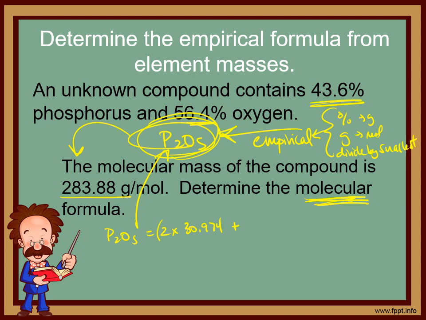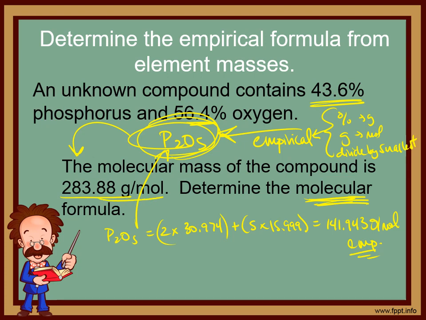We're going to add to that our 5 oxygens, 5 times 15.999. 2 times 30.974 plus 5 times 15.999 gives us a grand total of 141.943 grams per mole. The empirical formula's mass is 141.943.